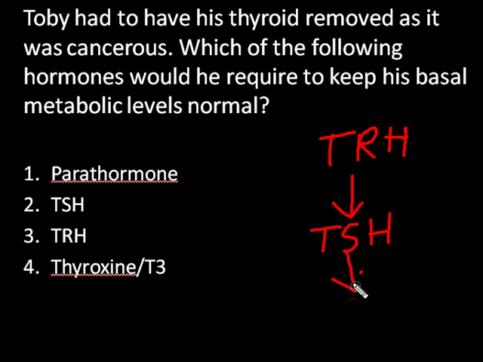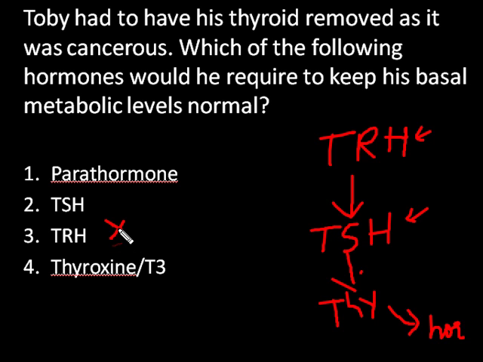And then thyroid stimulating hormone will act on the thyroid gland, and then the gland will produce its hormones. Now, if you give TRH, it will act on the pituitary and produce TSH, but then the TSH has nowhere to act on because there is no thyroid gland itself because the gland was removed. So again, it would not affect the basal metabolic rate at all. So there's no point giving TRH either.